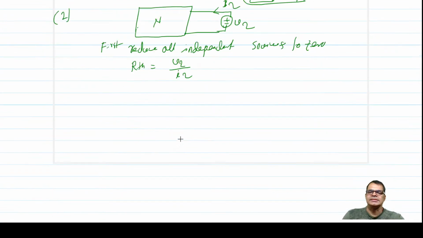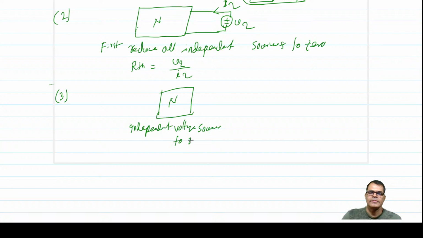Another easiest case, normally people rarely follow, but it is one. Simply network, reduce all the independent voltage sources to 0. See the magic here.